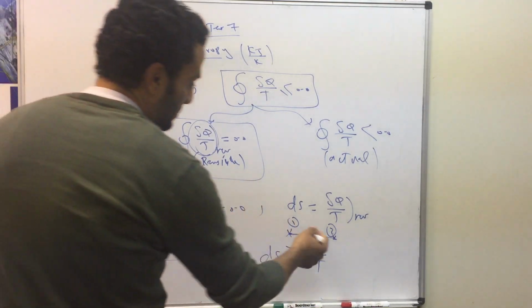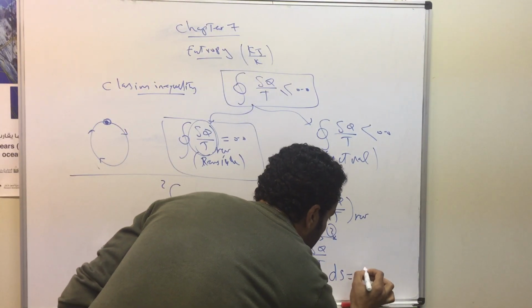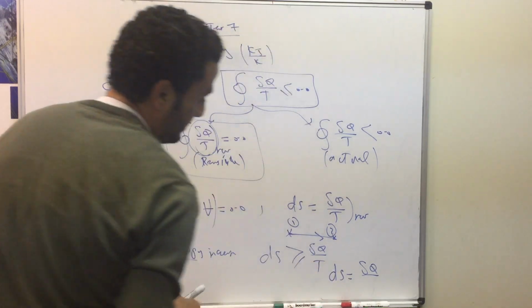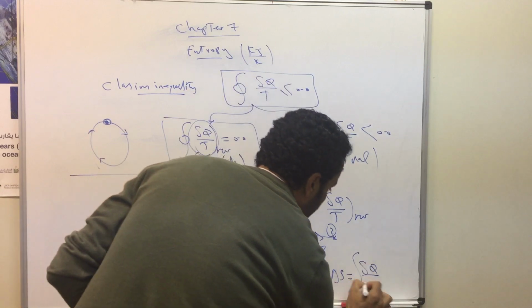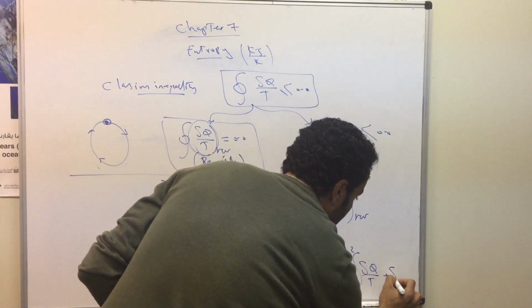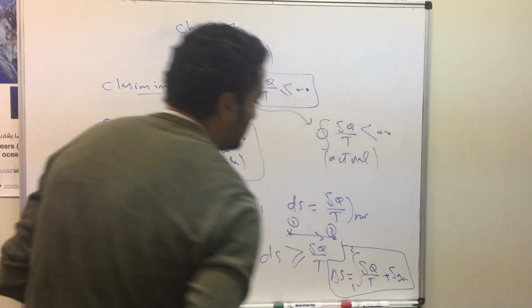So if we have a system undergoing an actual process from 1 to 2, we can calculate delta S. Delta S, the total value after integration, equals the integration of delta Q over T for any process from 1 to 2, plus the part of the entropy that is generated due to the losses within the system.